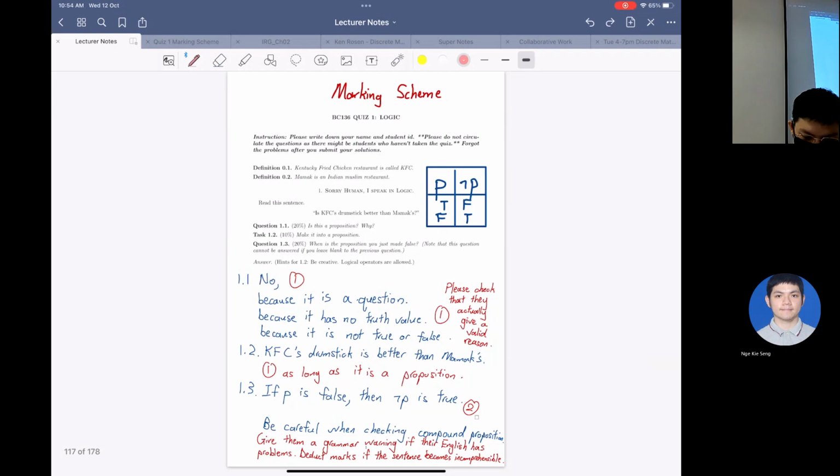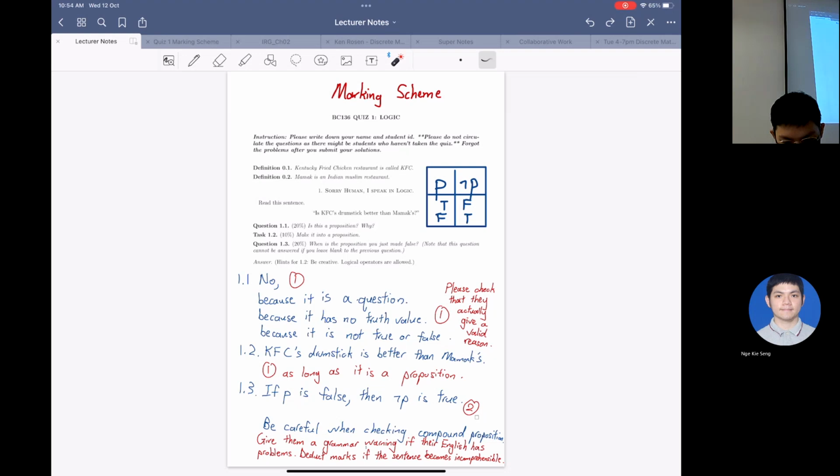Why is it not a proposition? Because it's a question, and you cannot answer true or false. But someone said because it is not a statement. I define proposition and statement as the same thing, so that's not answering the question. It's like repeating the answer.